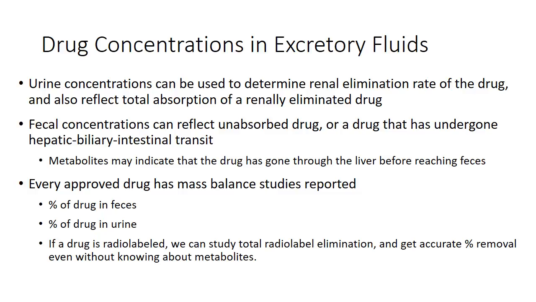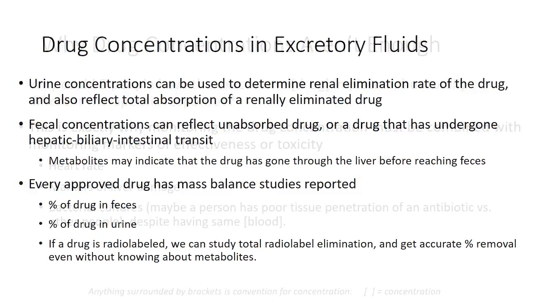So if they were using an animal, for example, they could take each organ and run it through a scintillation counter to quantify the total radioactivity, and that'll tell you the exact percent of that drug that ended up in that tissue, the drug or a metabolite of the drug, right? Because the radioactivity won't tell you what form it's in; it'll just tell you that it's there somewhere. That the radioactivity is there in some form or another.